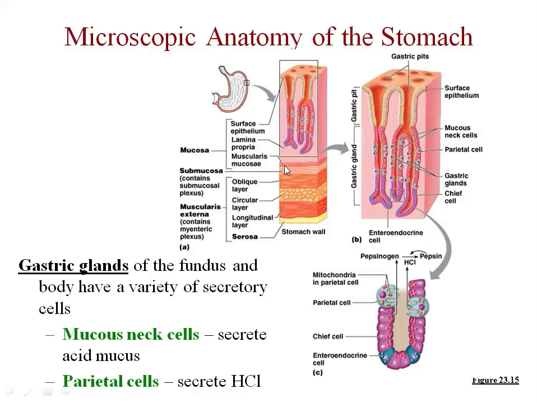Thereafter starts the mucosa layer. Here the muscularis mucosae is there. It is a layer of smooth muscle. Thereafter starts the lamina propria. Now from this lamina propria to the surface, this is the important portion in a stomach.